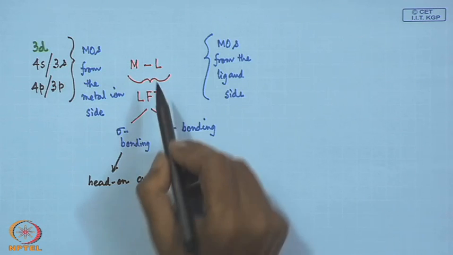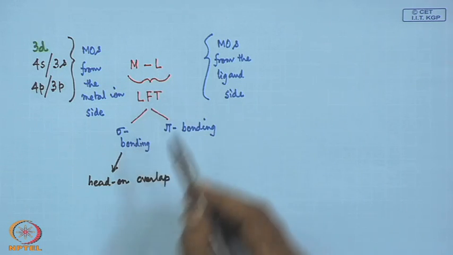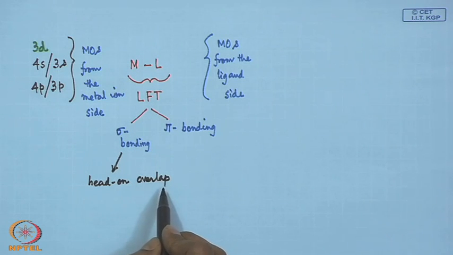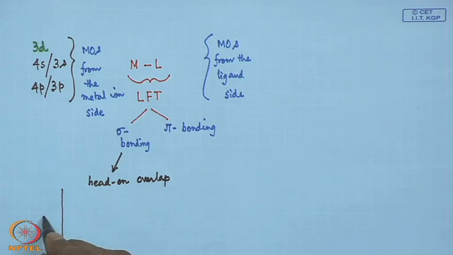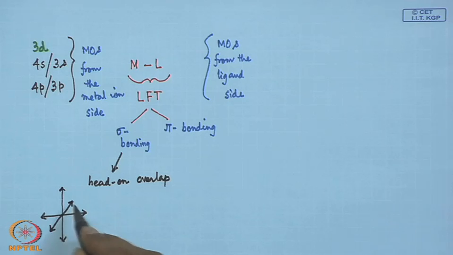So, we should have the corresponding metal-ligand overlap which can be considered as a head-on overlap. That means we have the corresponding axes that we are considering as the x, y and z axis.